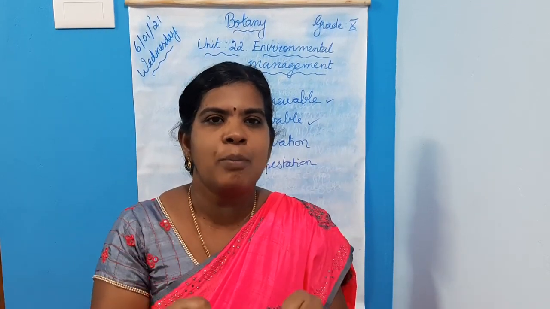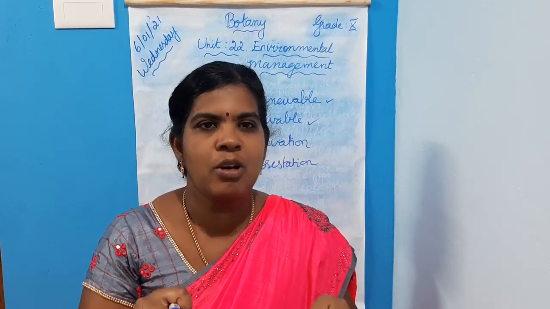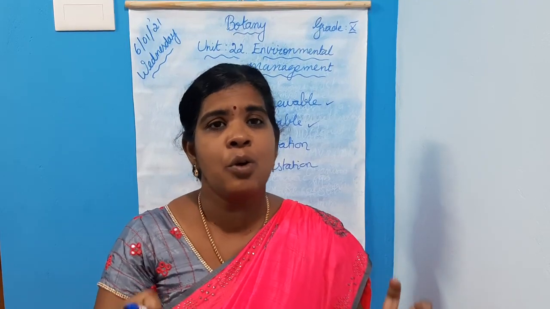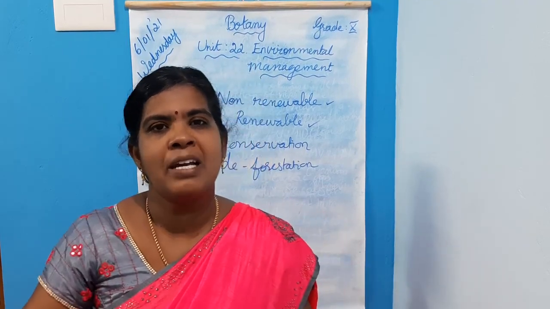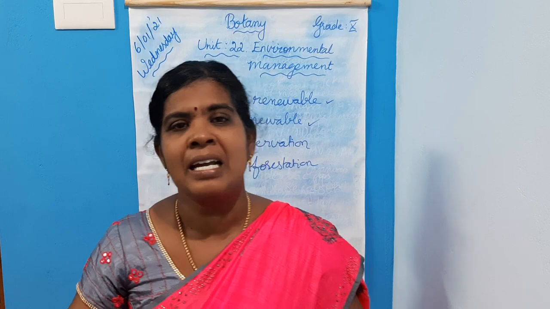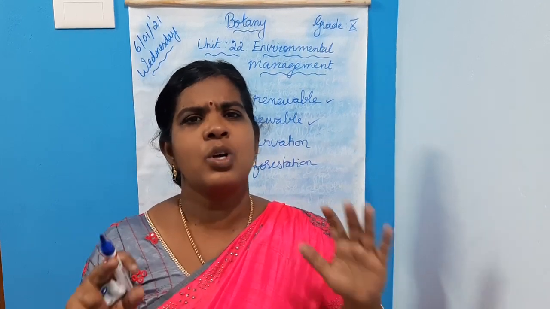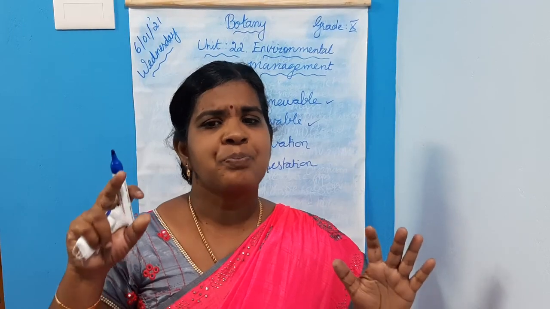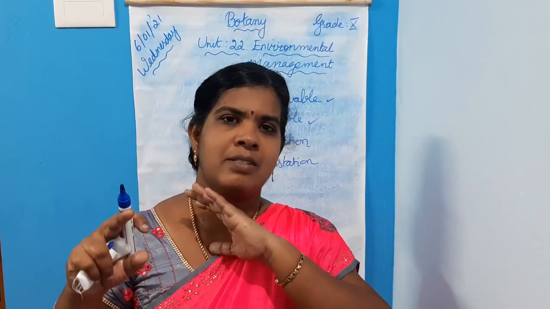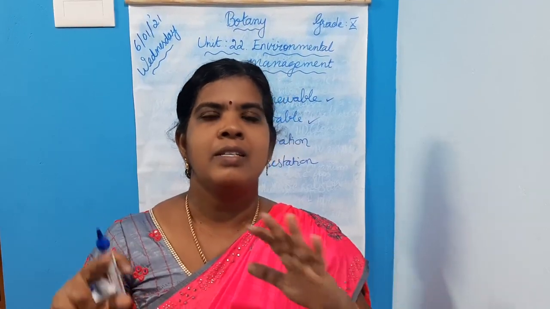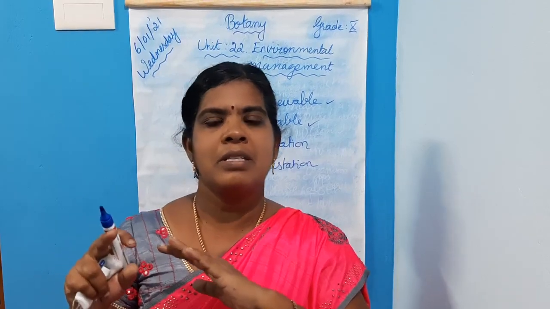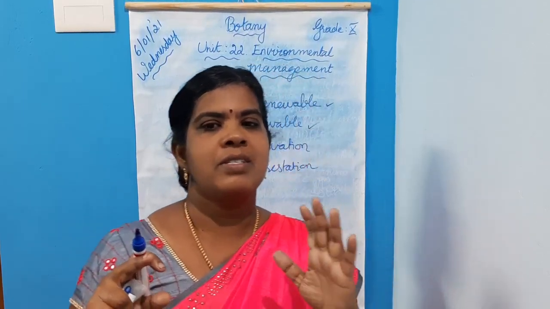If plants are there, the roots of plants hold the soil particles tightly, so there will be no soil erosion. If there is no plant, or if there is barren land, the topsoil is blown away by wind. That is soil erosion. So the erosion of topsoil is due to this deforestation, isn't it, ma'am?